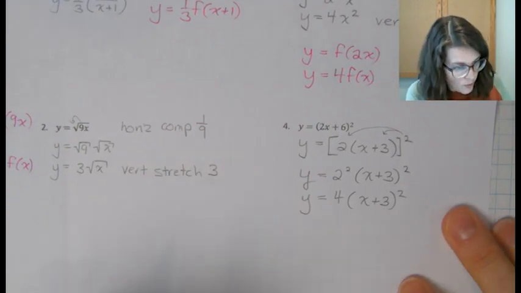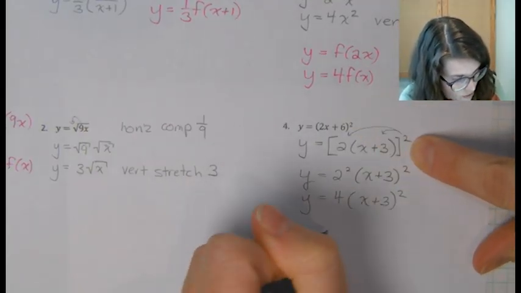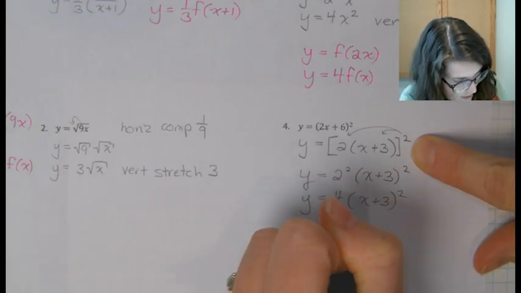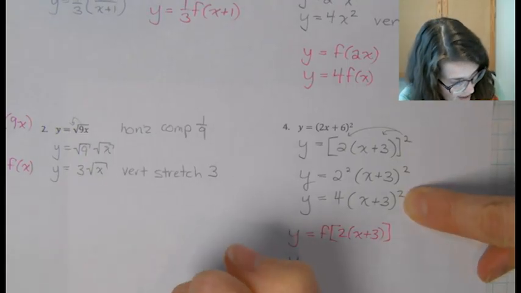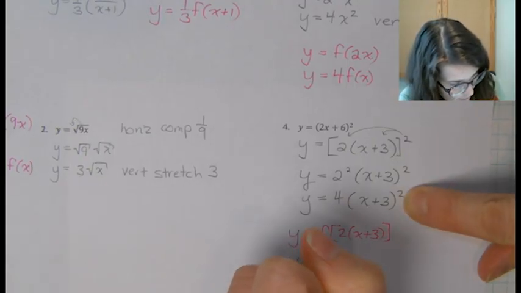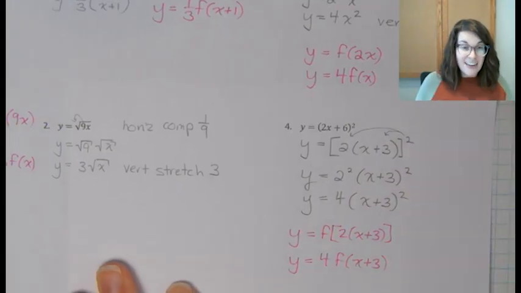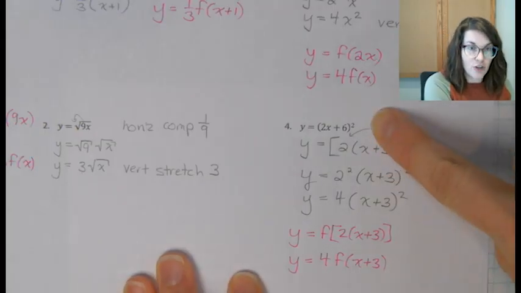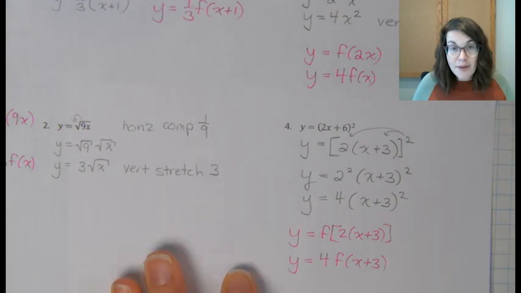We'll do one last one. So y is equal to f of 2x plus 3. And at the bottom, we say y is equal to 4f of x plus 3. So these actually represent the same change in the graph when our function is a square or is a quadratic function.